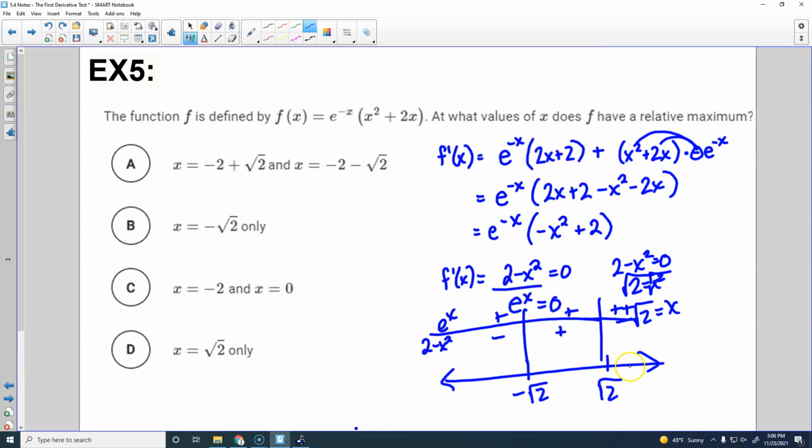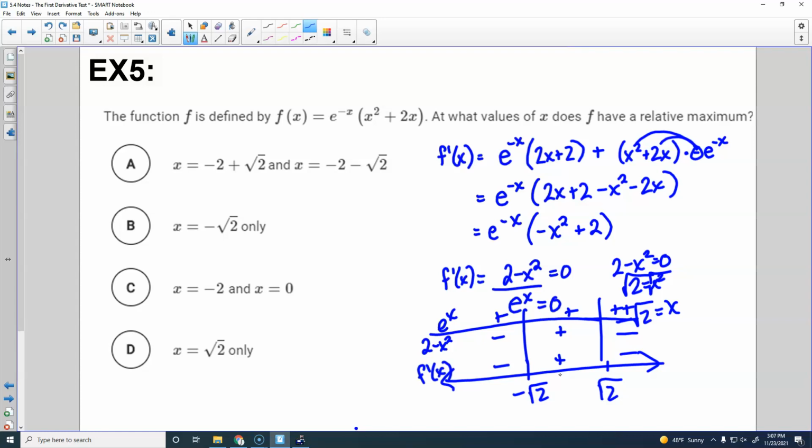If you plug in something like positive 2, you get a negative right here. So your derivative goes from negative, positive, negative.